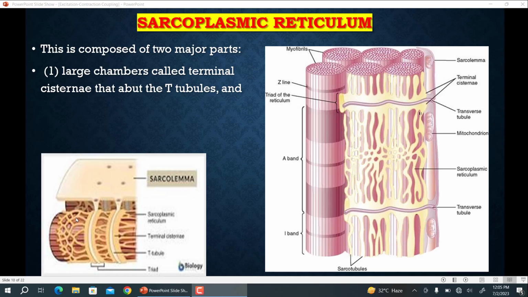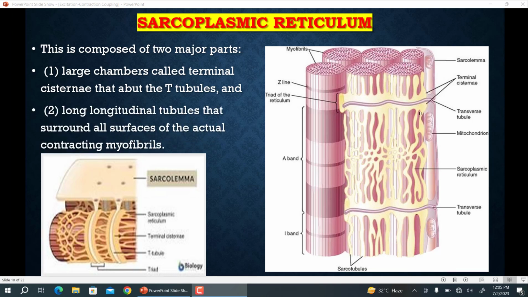These cisternae are filled with fluid. The second part is the longitudinal tubules that surround the whole surface of the actual contractile myofibril. These are the longitudinal tubules, and here this is the transverse cisternae.